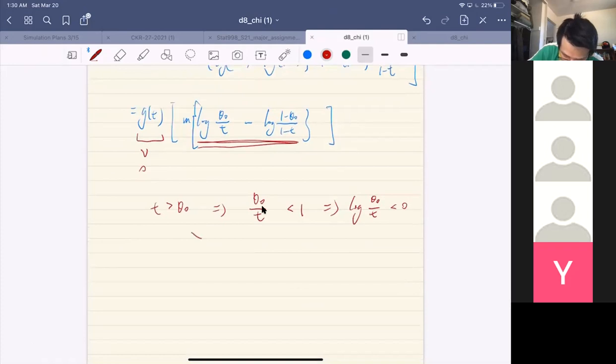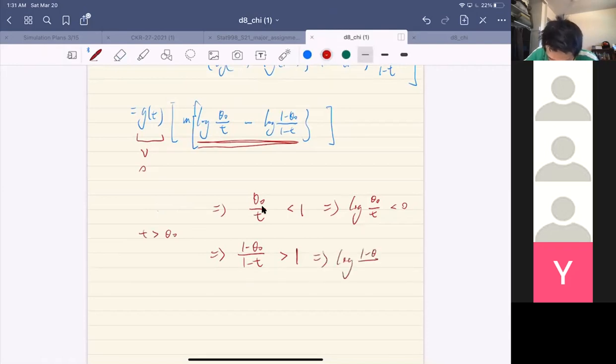And this also implies that this is greater than 1, which implies that this term will be positive.